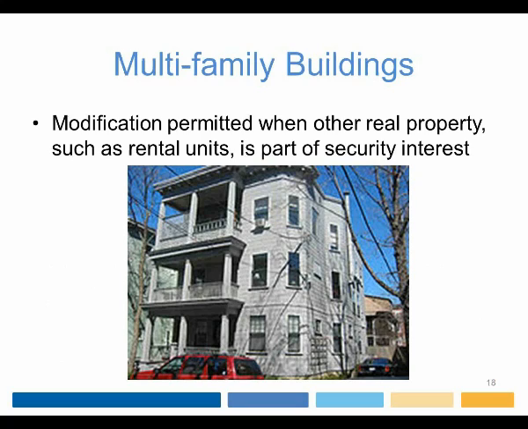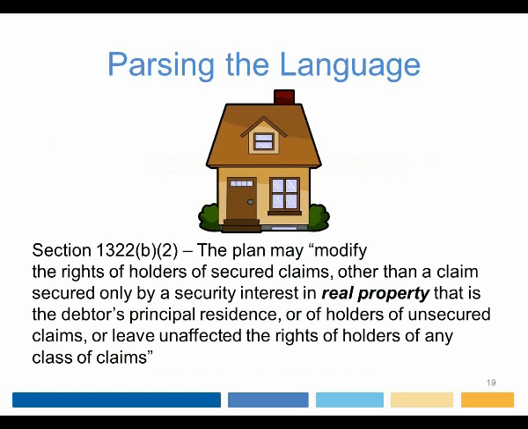So if there are other units in the mortgaged property, here the debtor might live in the first floor of the property, but rents out the second and third floor. And what the Second Circuit and other courts have said is that property is not just the debtor's principal residence. It's a residence for other individuals as well, and so the anti-modification provision doesn't apply.